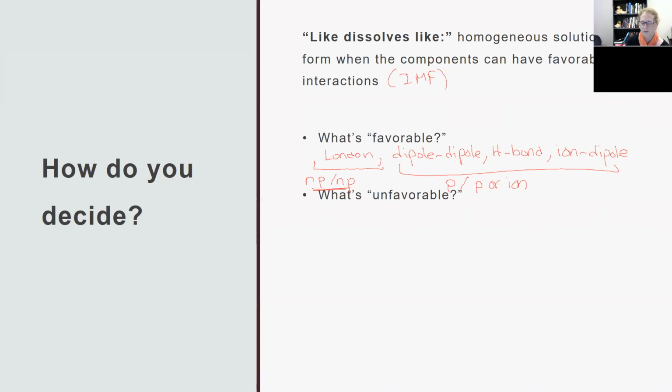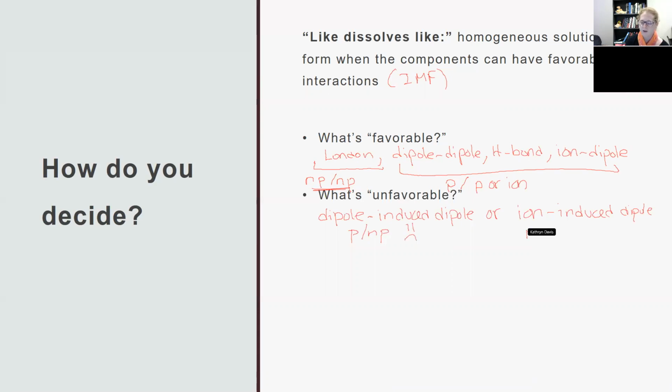On the other hand, unfavorable. Well, that's dipole-induced dipole, or ion-induced dipole, right? You put a polar thing with a nonpolar thing, it doesn't like it. It's unfavorable.